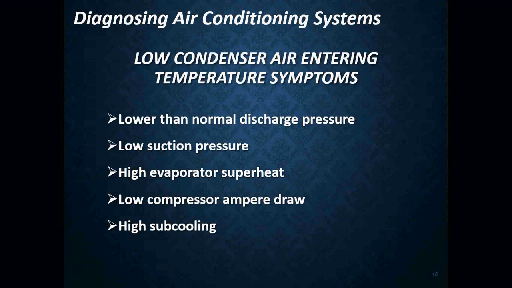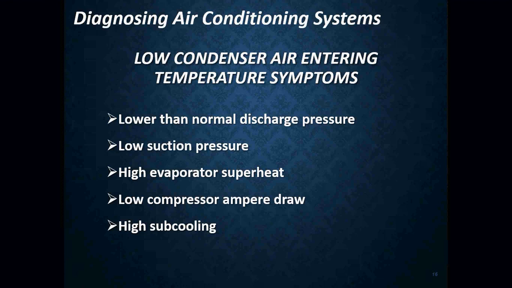However, this may also be offset by increased subcooling at lower ambient temperatures. Okay? This entire drop that we're seeing in capacity may decrease the heat removal ability of an air-cooled condenser or of an air conditioner.